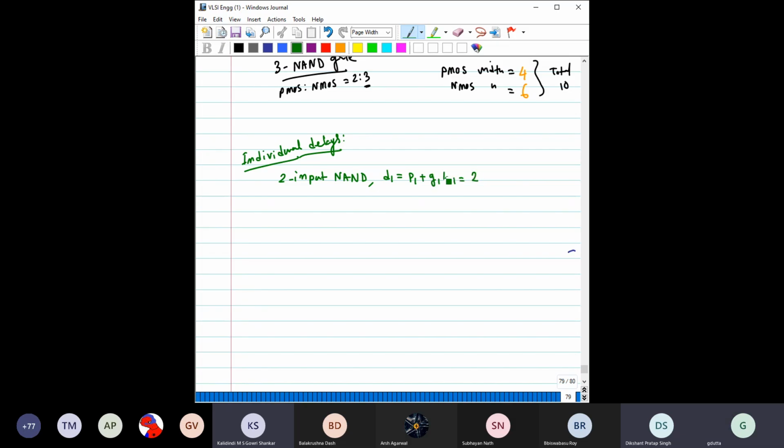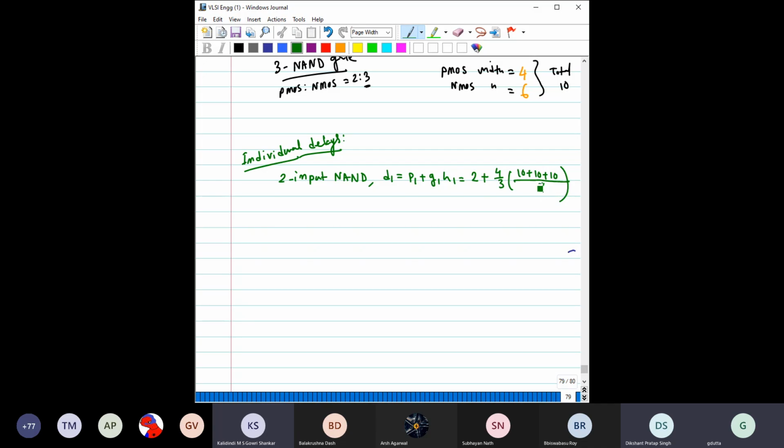right? So its P value, the parasitic delay, is 2, G is 4 by 3, and H, from the basics we have learned, is the total capacitance, which is 10 plus 10 plus 10 by the input capacitance 8. Please note this value, H is equal to 10 plus 10 plus 10 by 8.